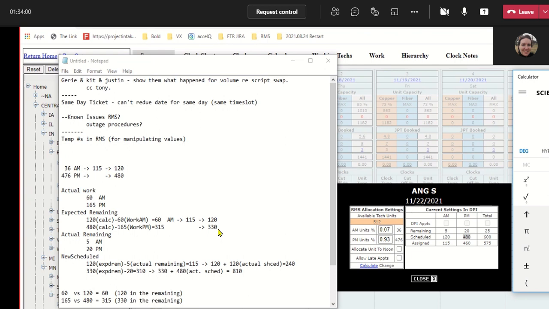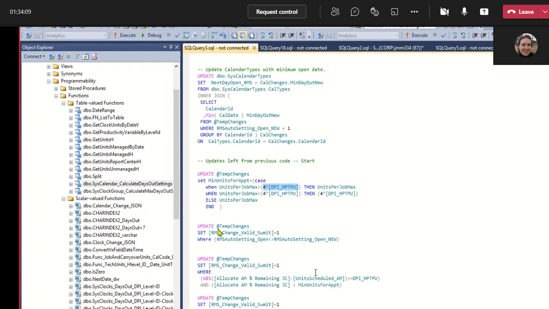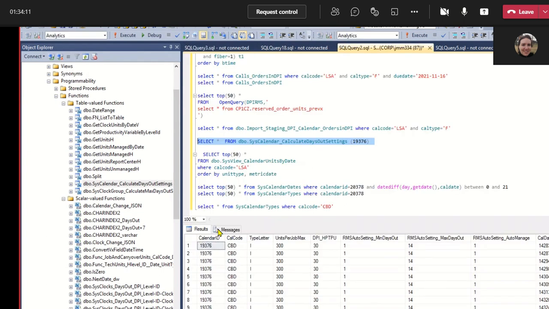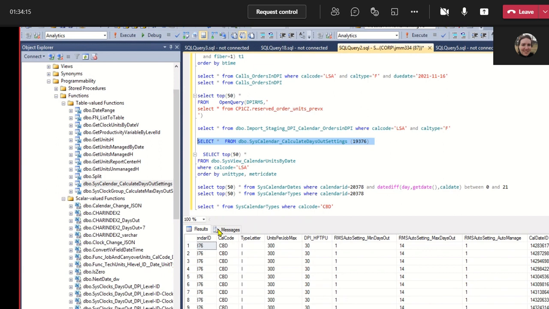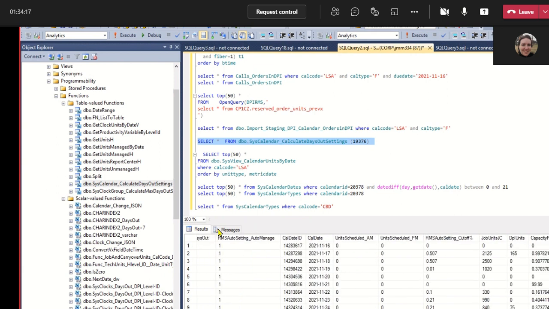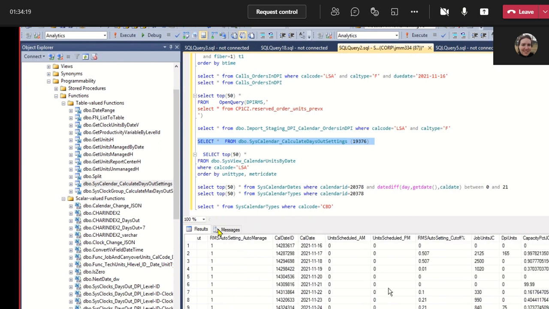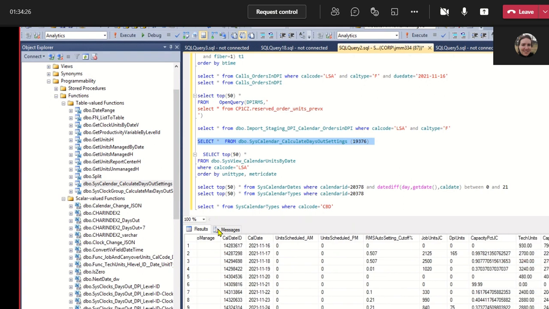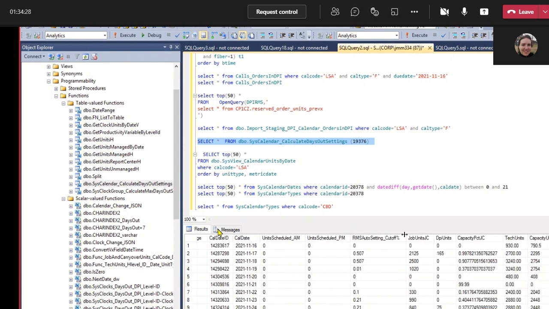So the first thing that we don't have is the AM and the PM work. In other words, right now in the calculate days out setting, this table has the calculated AM and PM columns, but it does not have the actuals. It has the total job units.